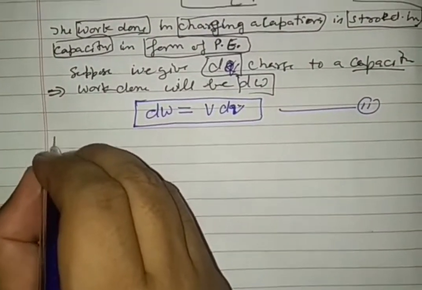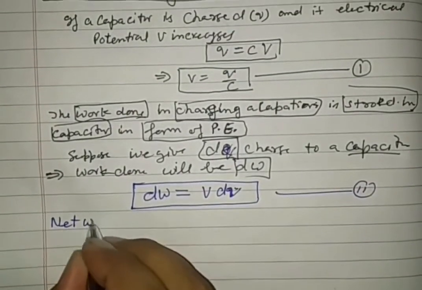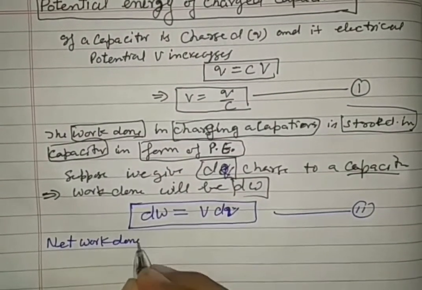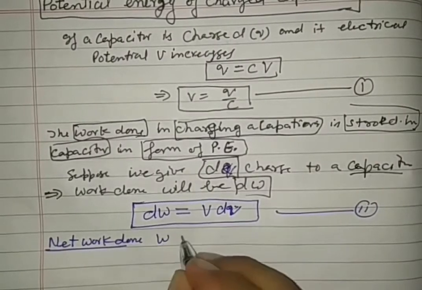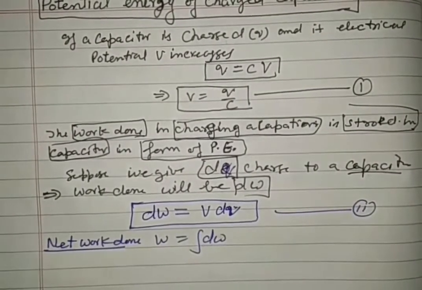Now we are going to calculate the net work done. Net work done, W, is equal to the integration of dW.